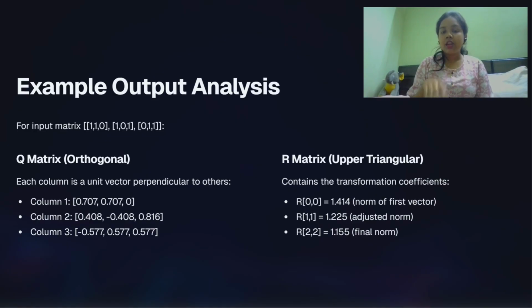The R matrix shown on the right is upper triangular and contains the projection coefficients that relate A and Q. The diagonal entries correspond to the norms of the orthogonalized vectors. So this is an example output of our analysis.